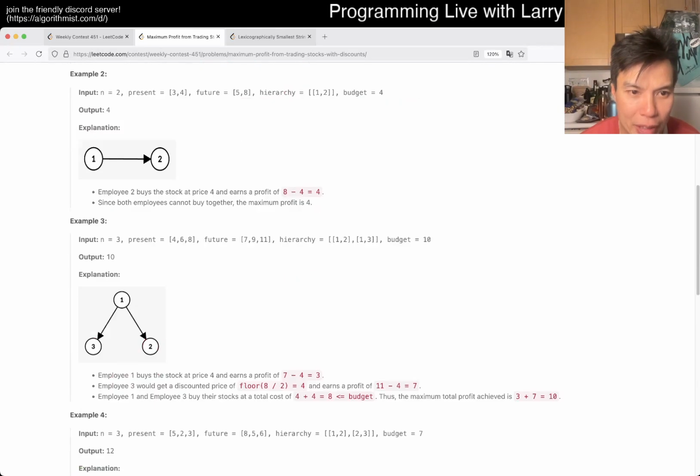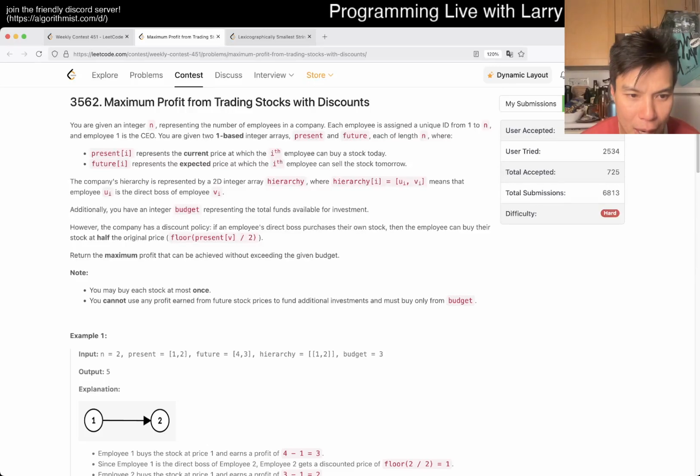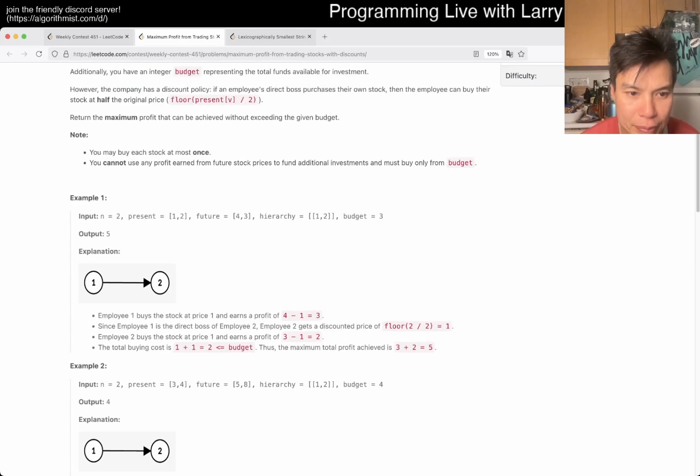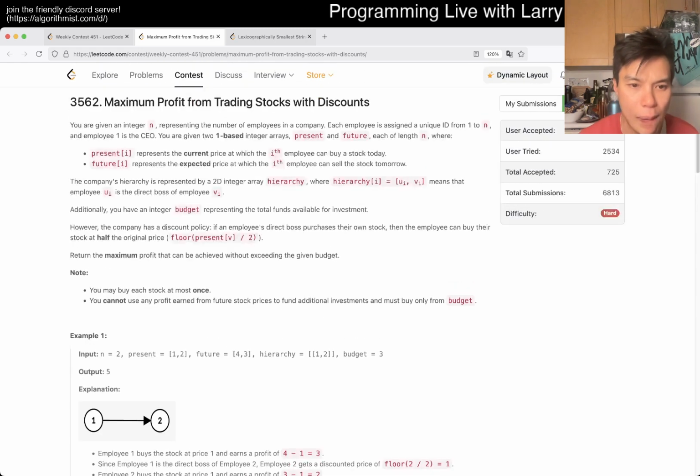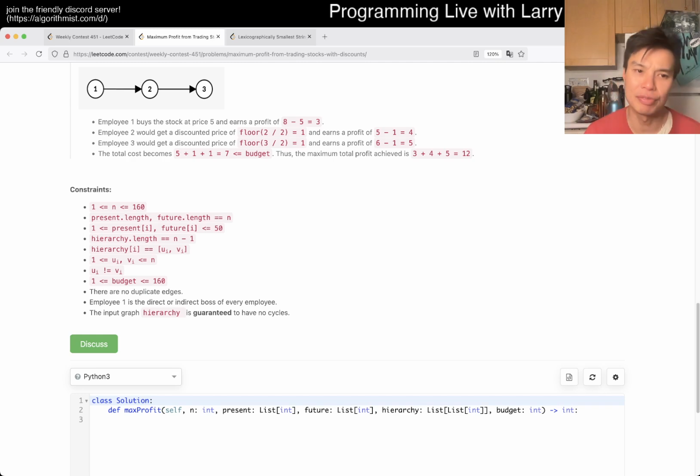Does each employee only buy it once, or they buy it at the same time or something? Use DP. Oh, I was going to say use DP, but N is 160, which is a little bit awkward for that. Also, budget is 160, so that is weird. But okay, we have a tree of the hierarchy. All right, let's set up the tree first.